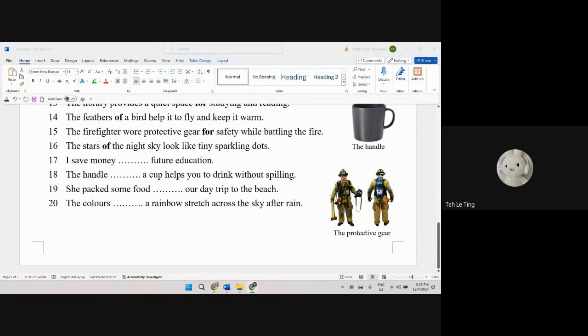I save money for future education. Very good. All right, because you want to talk about the function of the money. 那个钱的功能是什么？用来做什么东西的？So we use it for future education.